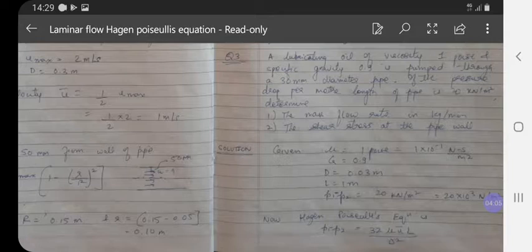The Hagen Poiseuille equation says P1 minus P2 is equal to 32 mu u bar L upon d square. The pressure drop is given to us as 20 kilonewton per meter square. The pressure drop is nothing but P1 minus P2. So P1 minus P2 is 20 into 10 to the power 3 Newton per meter square.